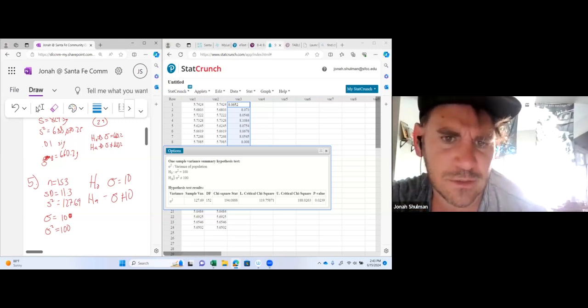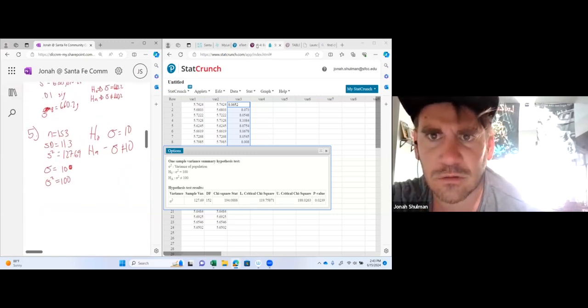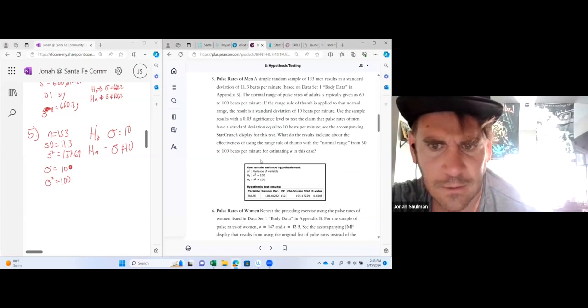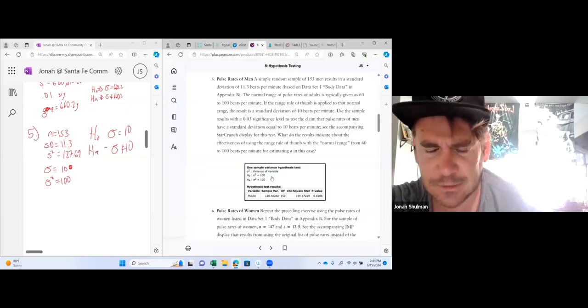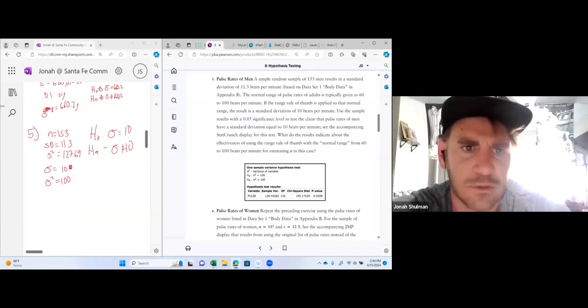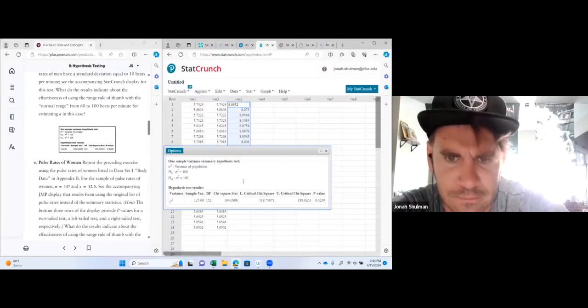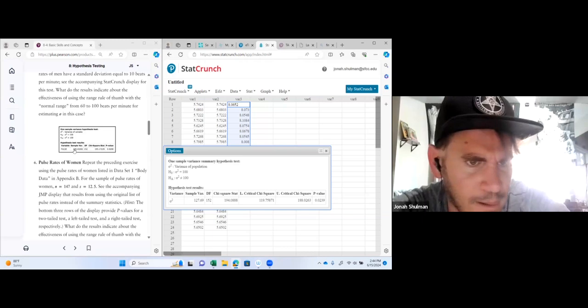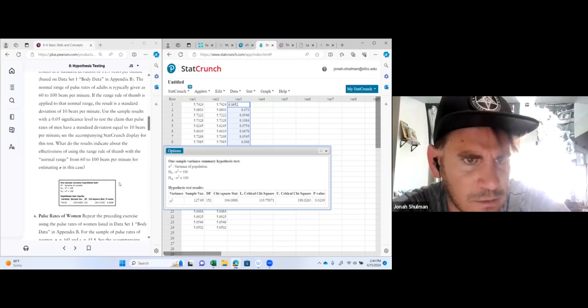But I don't like the fact that these are using variances when we want to be using standard deviations. I don't like that at all. But that's how it says we have to do it. Our values look different than the ones on StatCrunch, which is kind of blowing my mind. Sample variance is 128. This one says 127.69.